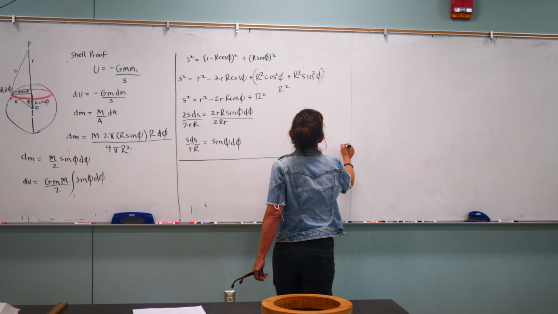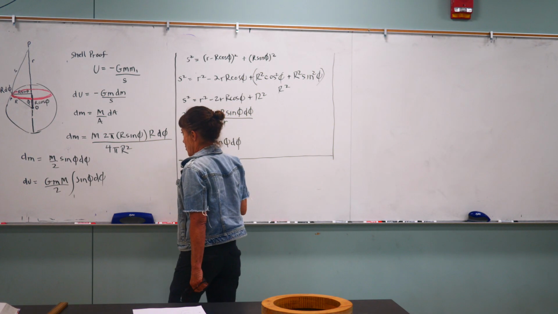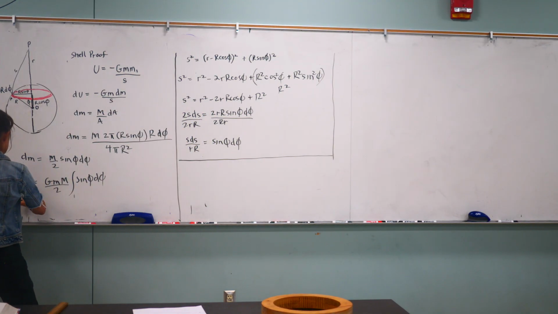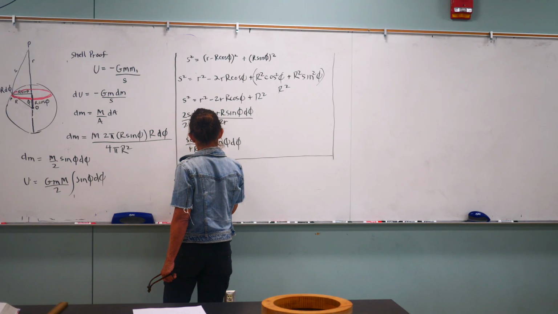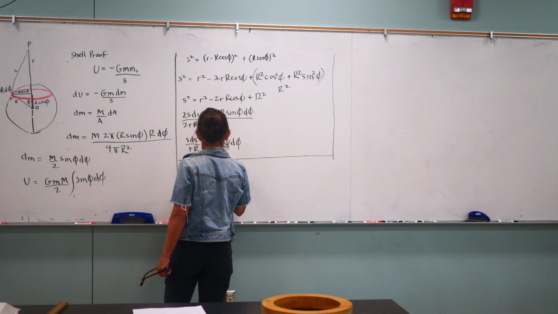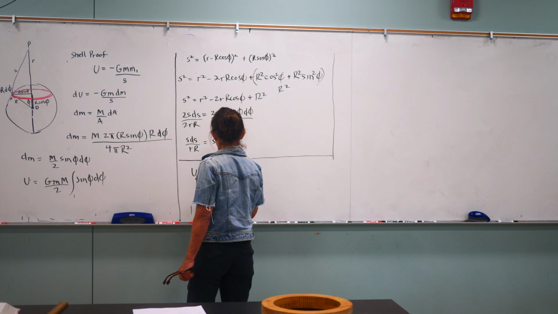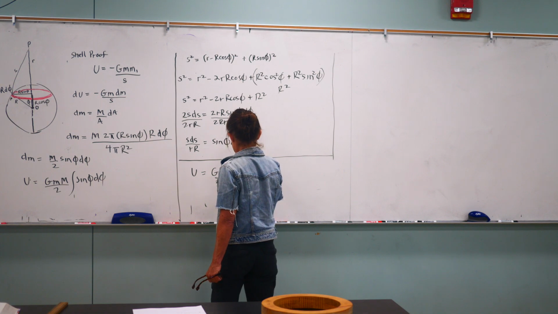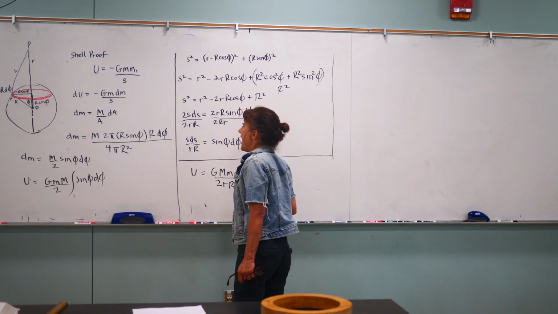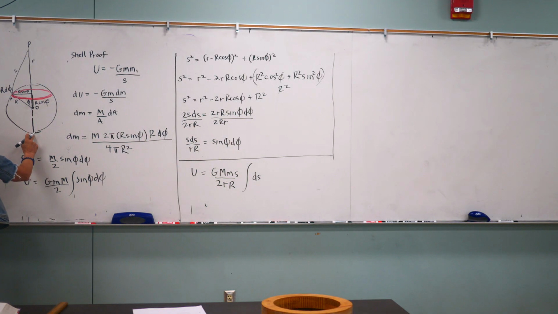Okay. So now we have, oh, sorry, this should be U, not dU. There. U equals G big M little m over 2 times little r big R, and then S, let's see, times the integral of dS, and my limits of integration are going to be from here to here.